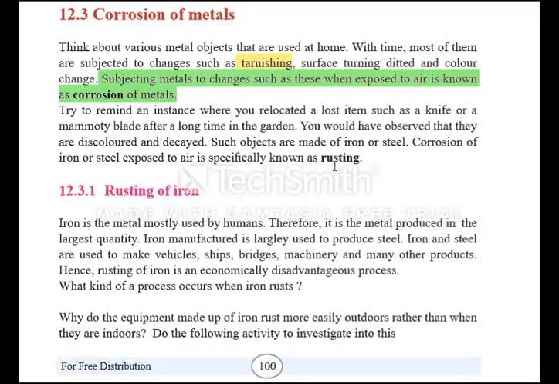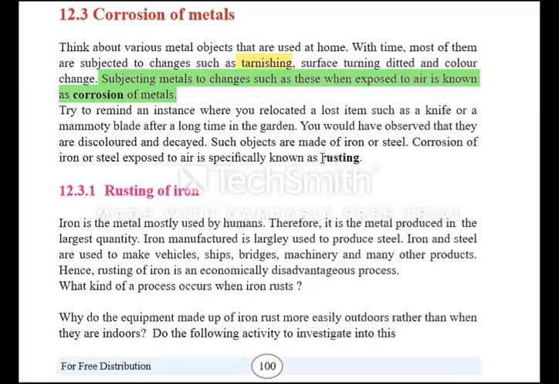The knife you use in your kitchen is made up of steel, and the nails are made up of iron. If you observe these objects after a very long time, you might see that they have become discolored and are also decaying. The changes we discussed earlier could be observed. Corrosion of iron or steel which is exposed to air is specifically known as rusting.